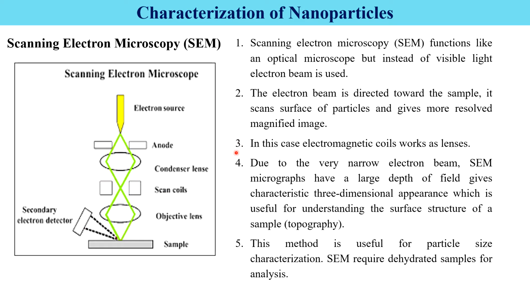This is the schematic diagram of SEM. In case of SEM, electromagnetic coils work as lenses. Due to the very narrow electron beam, SEM micrographs have a large depth of field, which gives a characteristic three-dimensional appearance, which is useful for understanding the surface structure of the sample, that is topography.